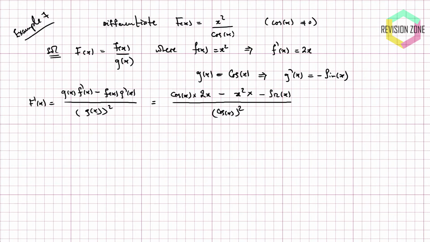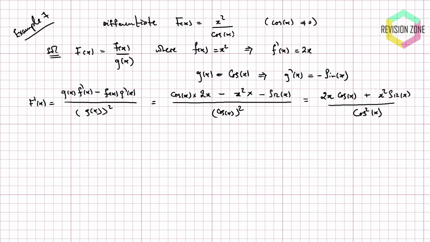Then simplifying this, the only thing I've got to be careful about is there's a negative here and there's a negative there, and they're going to combine to give me a positive. So I'm just going to end up with 2x cos of x plus x squared sine of x, and then the whole thing is over cos squared x.